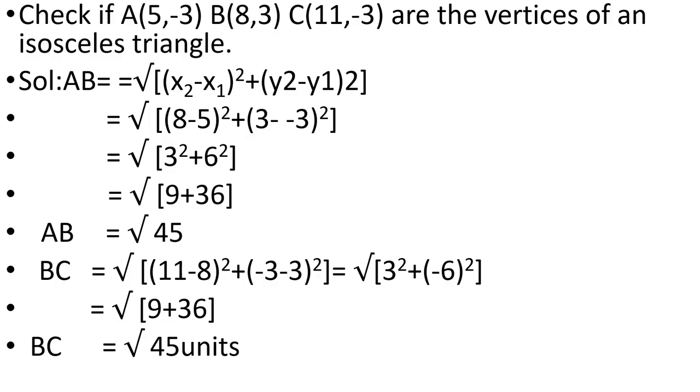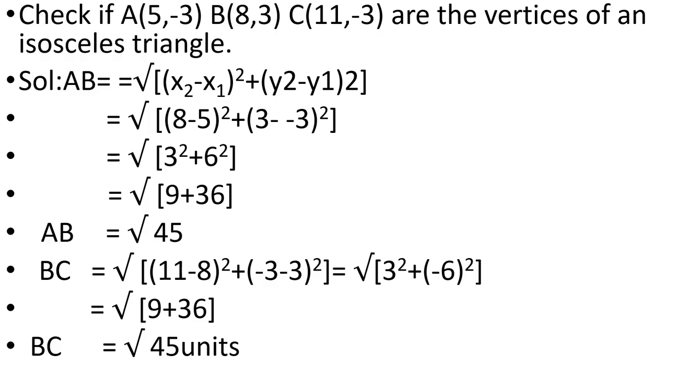So you have three vertices given and you have to show that these are the vertices of the isosceles triangle. So a triangle which has two sides which are equal is called an isosceles triangle. So here we have to find the distances AB, BC and CA. If any two distances are equal, then we can say that it is an isosceles triangle.